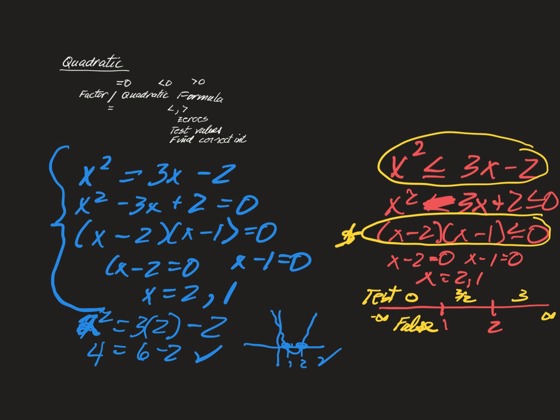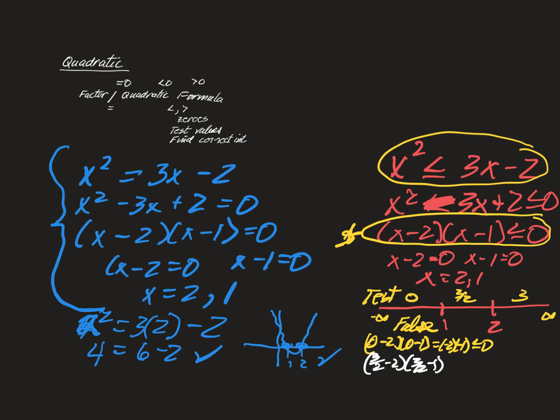Now, I can actually write that down. I do 0 minus 2 times 0 minus 1, which is equal to negative 2 times negative 1. Is that less than or equal to 0? And that's false. Then I do the next one, 3 halves. So I do 3 halves minus 2 and 3 halves minus 1.